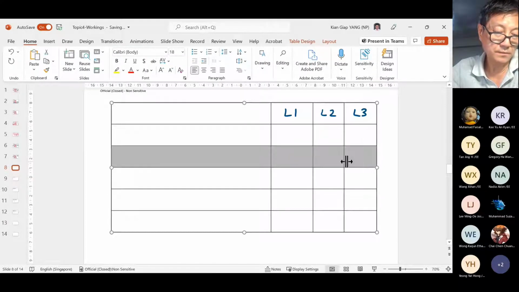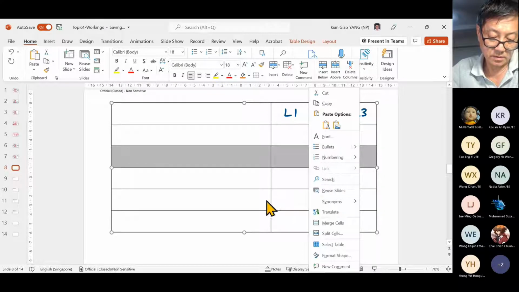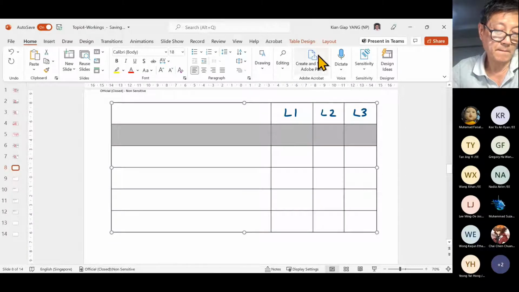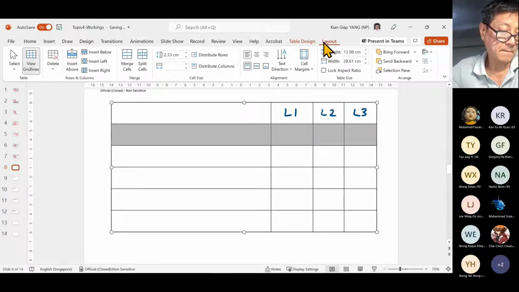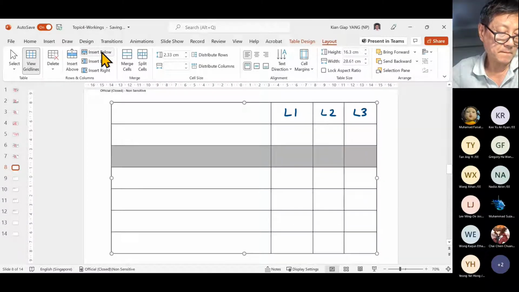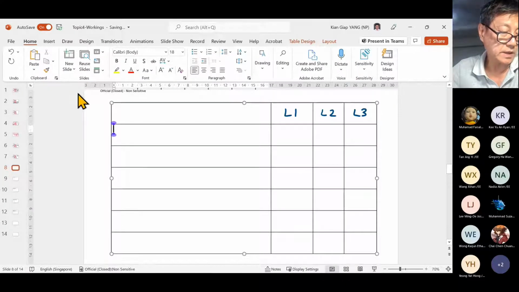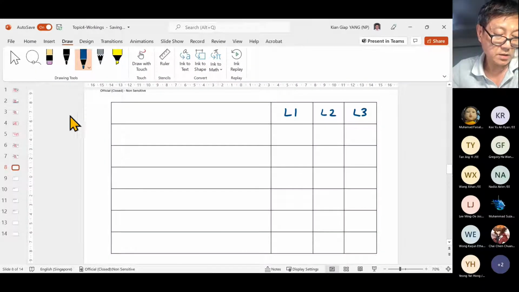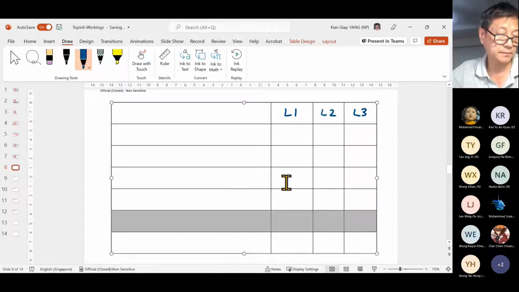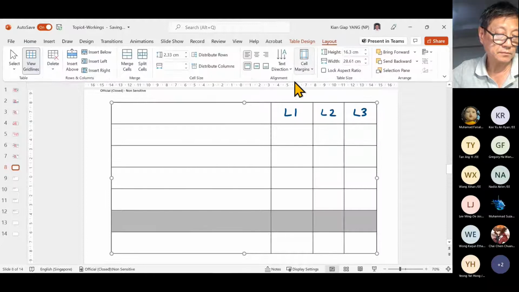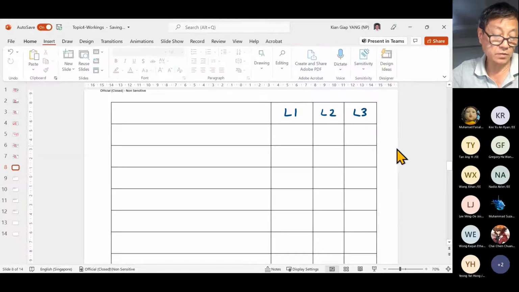What happened to my insert button? Okay, so I insert the circuits. I have 6 circuits, so I have to write down all the circuits here. So in other words, I'm doing a final load balancing. Right, I need to do this calculation.